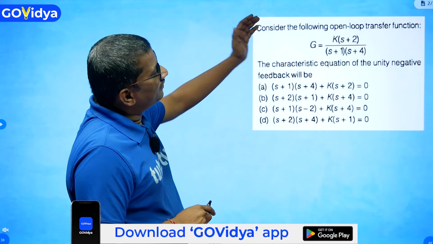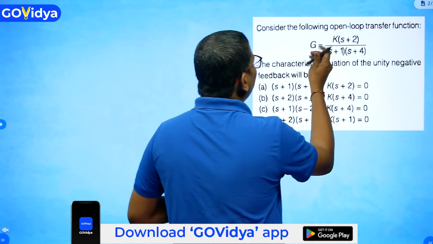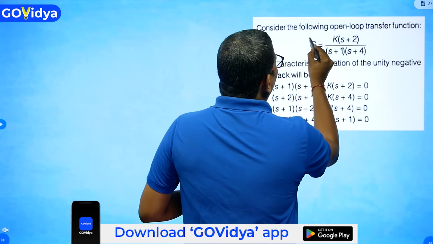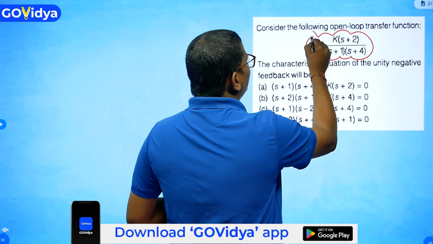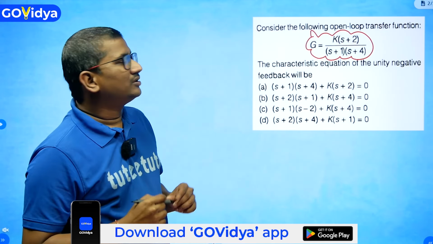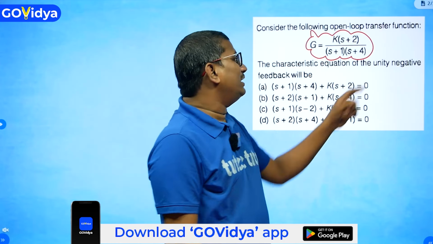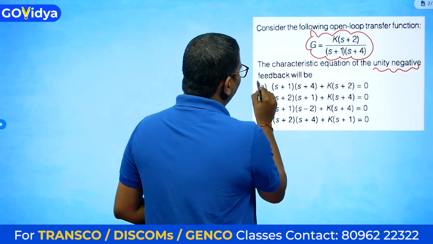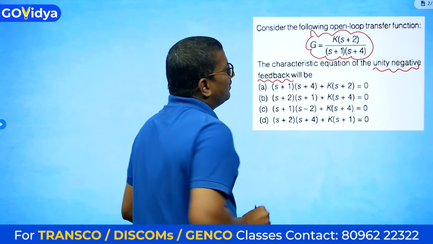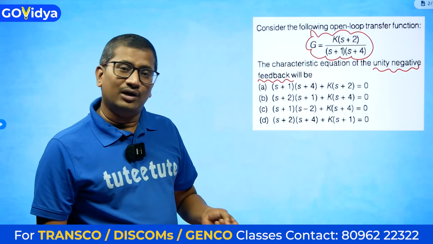Consider the following open loop transfer function. They have given the open loop transfer function. What are they asking? The characteristic equation of the unity negative feedback system.